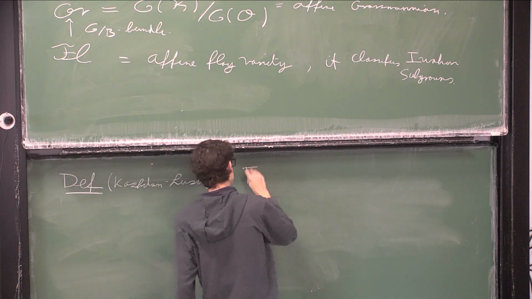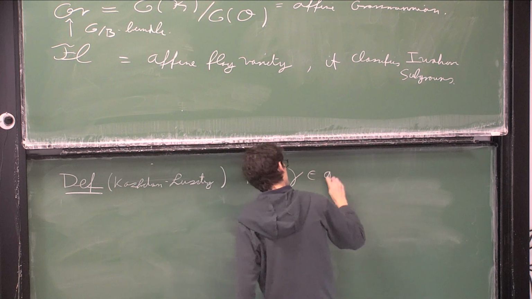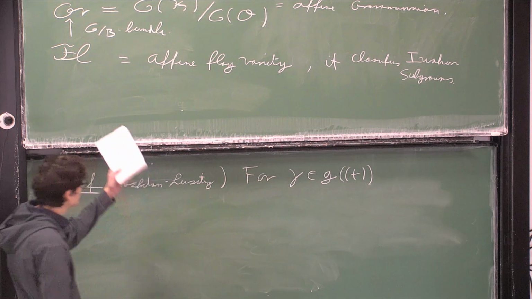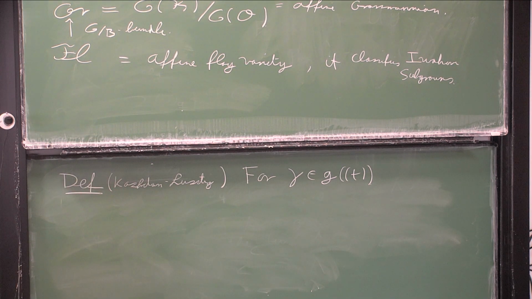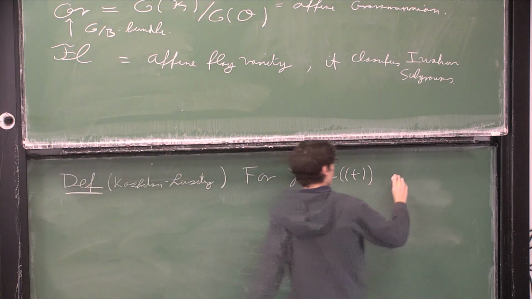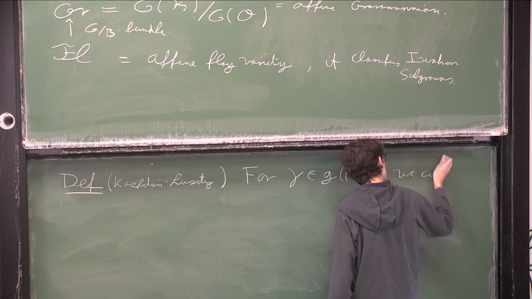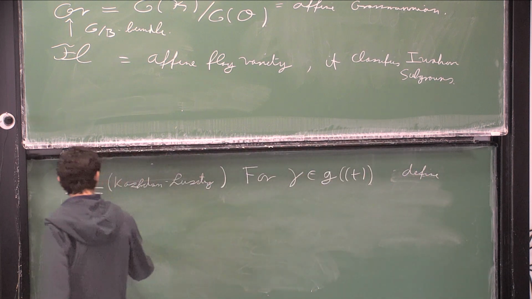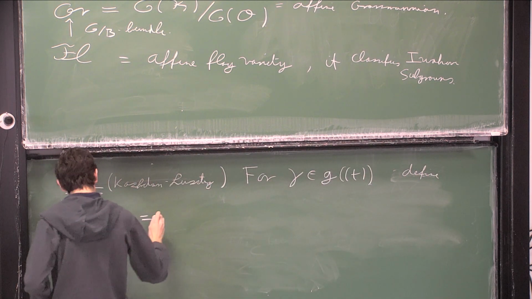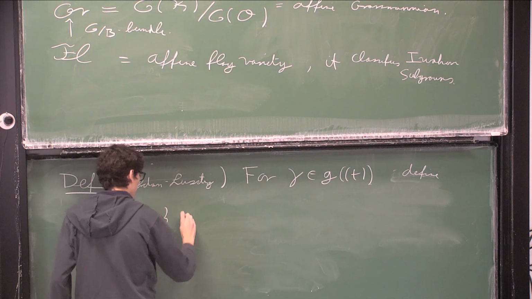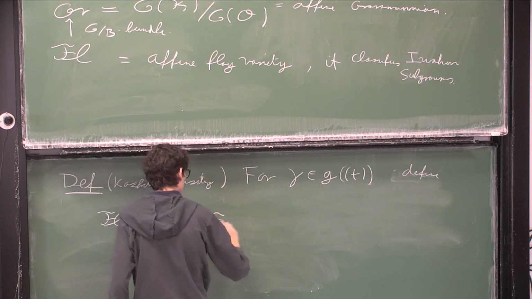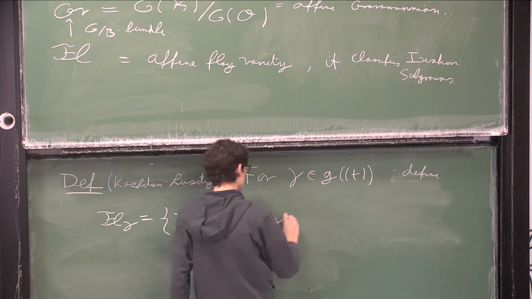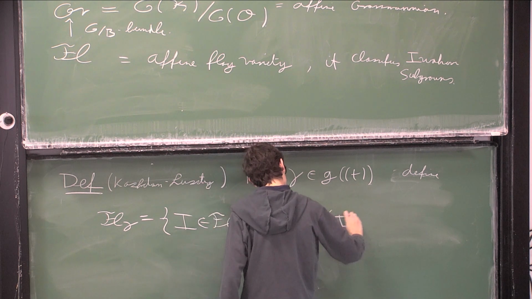So for some element gamma in the loop Lie algebra, so in the Lie algebra with values in the Laurent power series K, we can define FL sub gamma as those Iwahori subgroups in FL that contain in its Lie algebra this particular element.